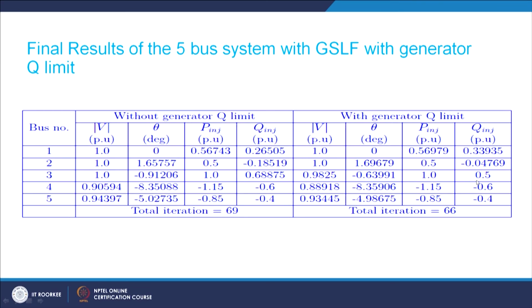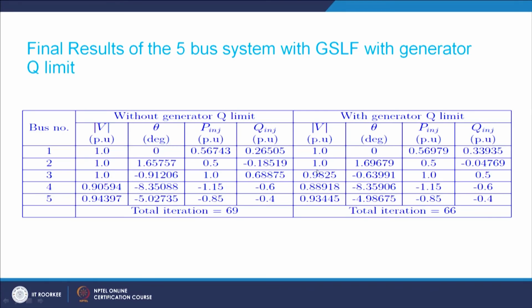We can see that for bus 3, because the reactive power limit was being exceeded, its reactive power injection is maintained at only 0.5 per unit, but its voltage magnitude has reduced from 1 to 0.9825.